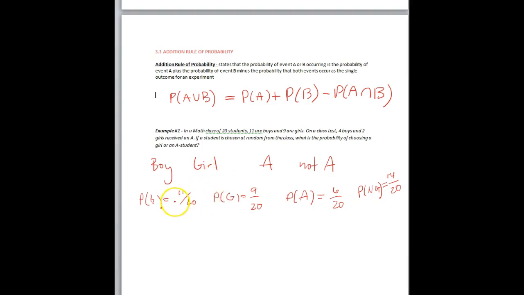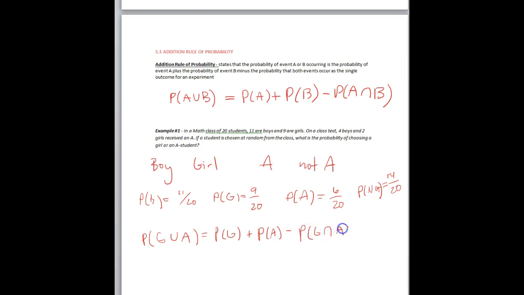Now this asks us, what is the probability of choosing a girl or an A student? That girl can be an A student, but it's just saying or, so girl or an A student. So we get the probability of girl union A student, which is equal to the probability of G, girl, plus the probability of A student, minus the probability where they intersect.